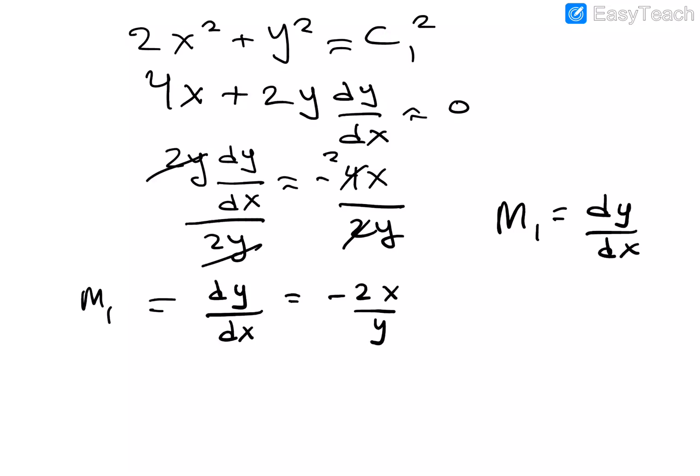Well, we said that to find m2, we just take our negative reciprocal of this. So I'm going to go ahead and put that equals y over 2x. That negative will drop out and it'll become a positive because we're taking the negative reciprocal. And like we said, this was also equal to dy dx.